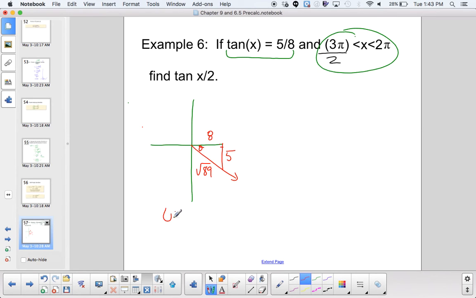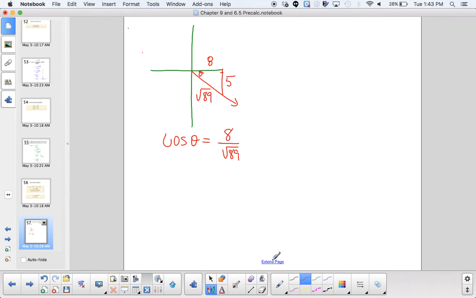Now we know that the cosine of theta is equal to 8 over the square root of 89, and we also know that the sine of theta is equal to negative 5 over the square root of 89. And we know it's negative because it's in the fourth quadrant, and there the y-coordinate is negative. Okay, so from here we can find the tangent of x over 2.